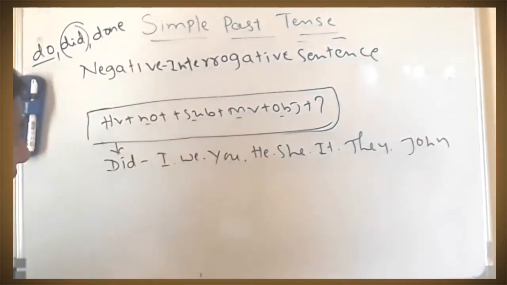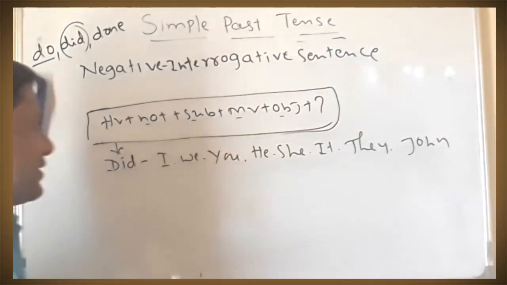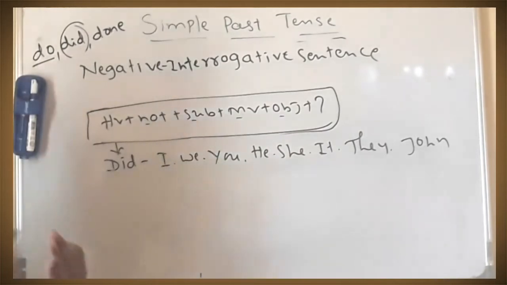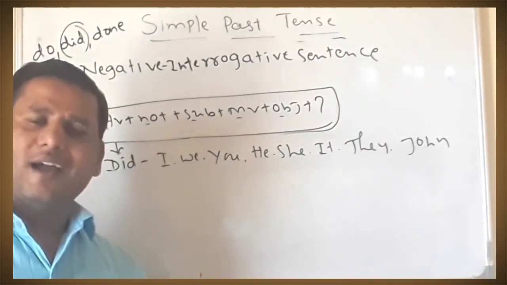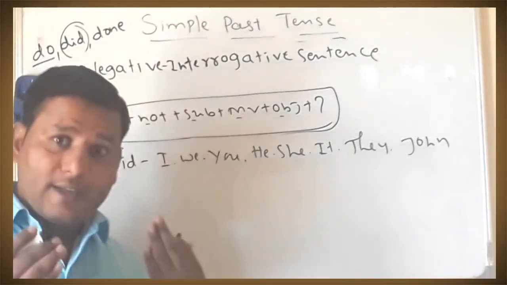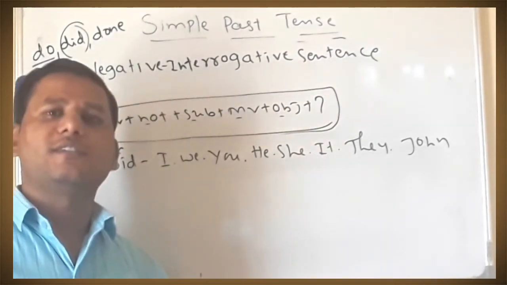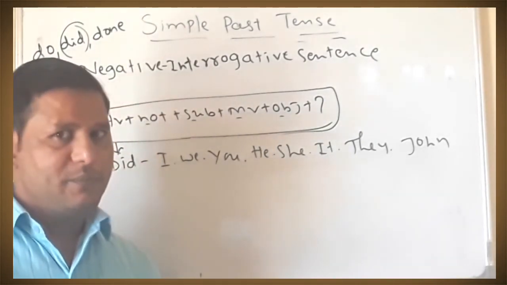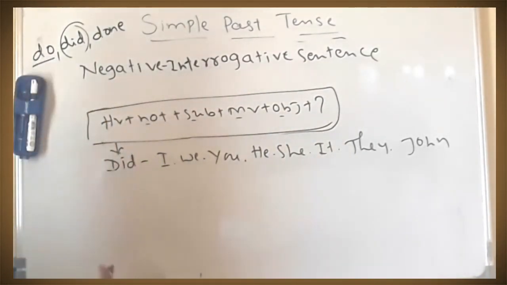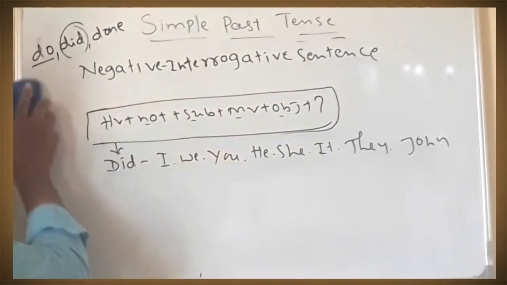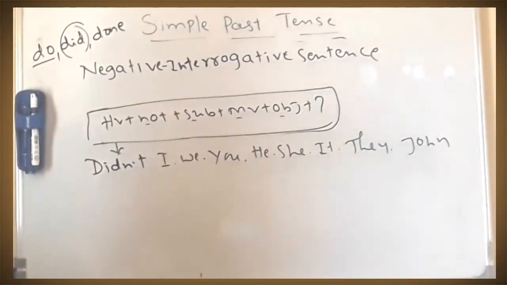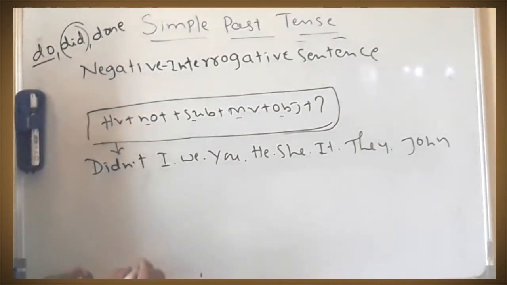So now let's see the sentence. We can form the sentence. The same sentence. I spoke English. I did not speak English. Did I speak English? Now it is Didn't I speak English, because we have to tie the not to the helping verb.